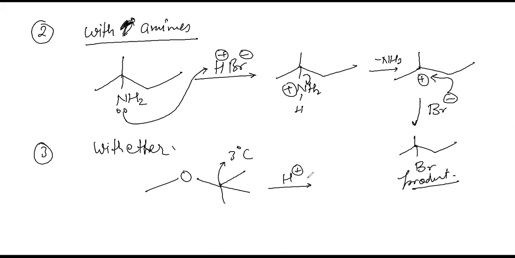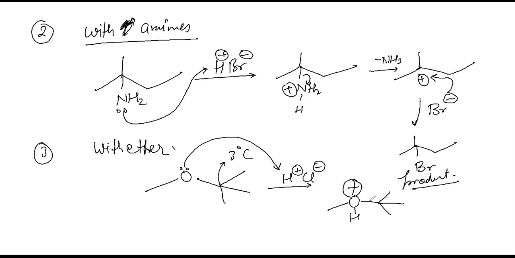Let's say H plus and Cl minus. Can you make the product? How will the reaction start? First H will get attached to a lone pair of oxygen. We'll have this. What next?